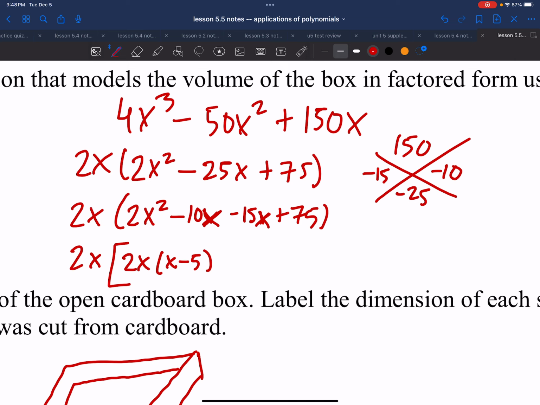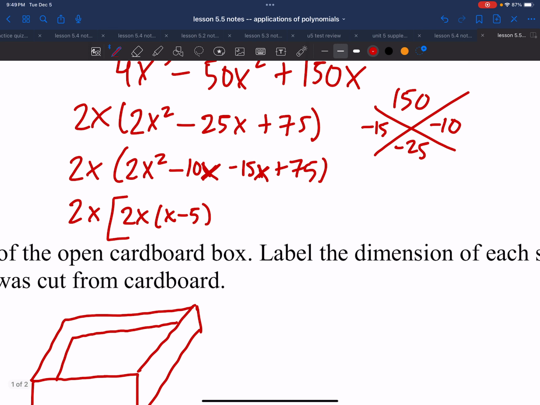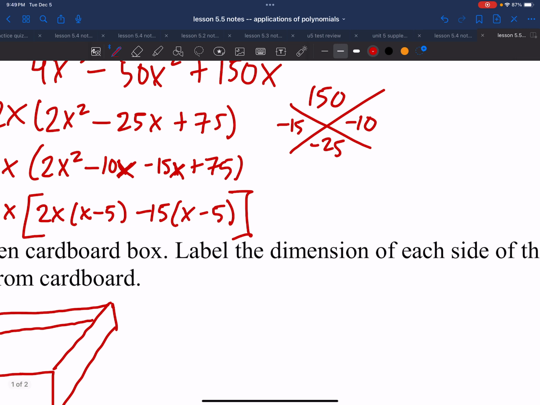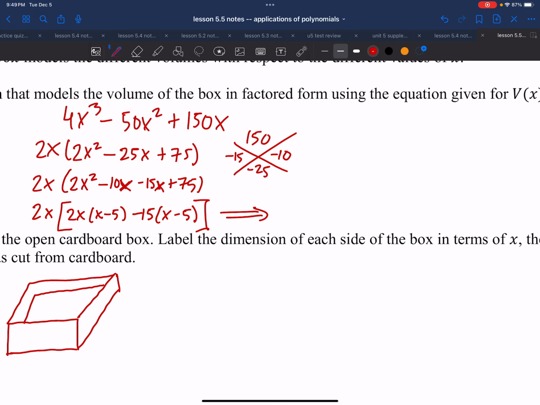We're going to take out 15, which goes into 75 5 times, and then this is x minus 5. So this is 2x times 2x minus 15 times x minus 5.